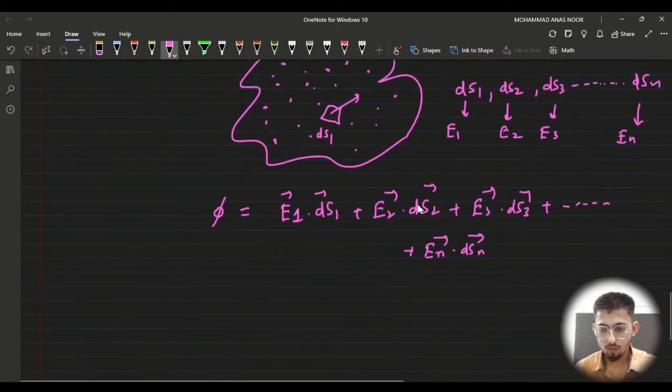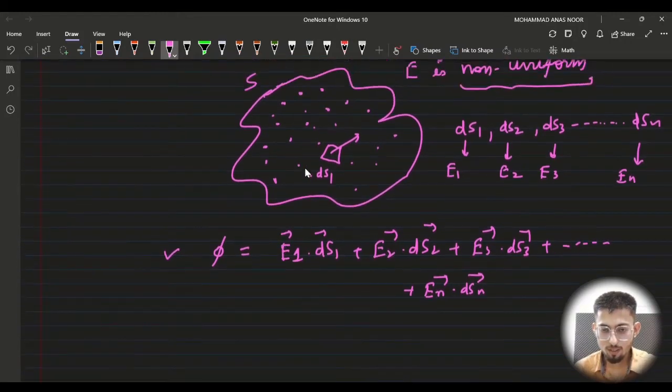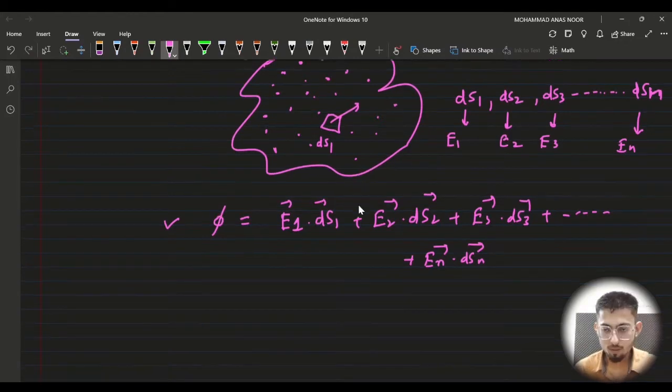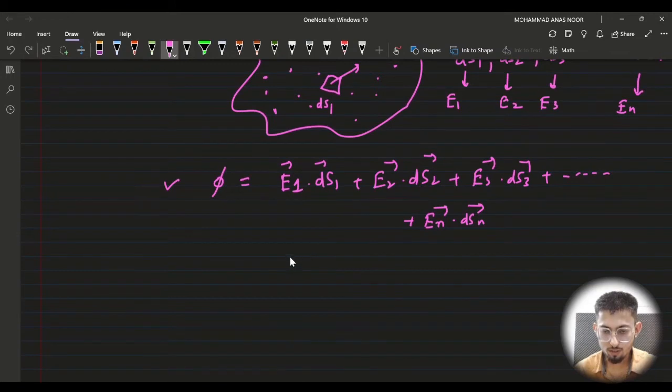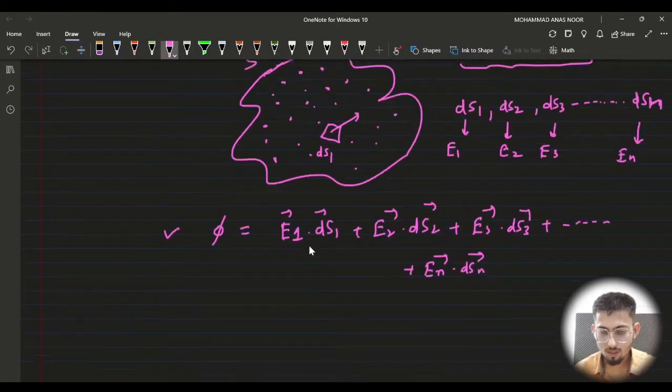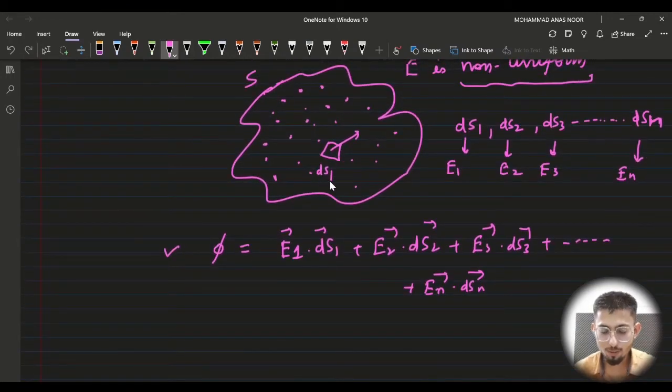This is practically not possible to add when this is a large area. We have assumed it as n, but in actual scenario this is not n. When we have assumed small surfaces, they would be infinite in number.